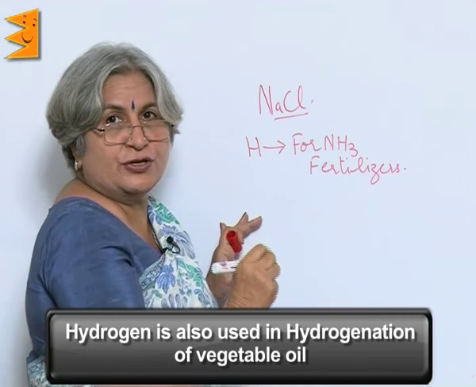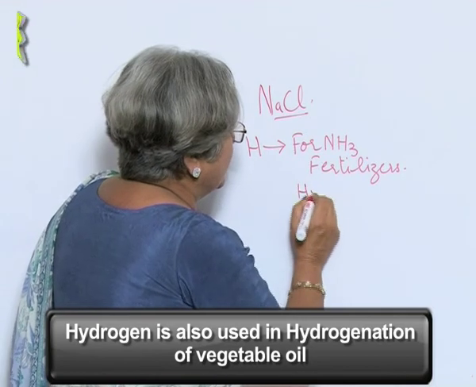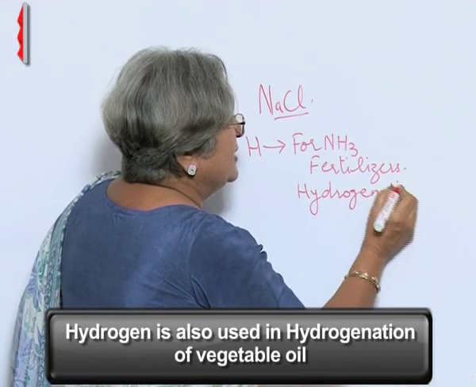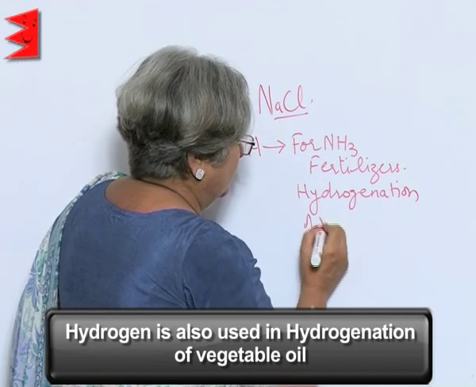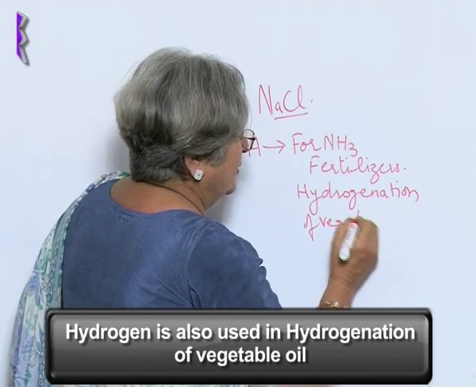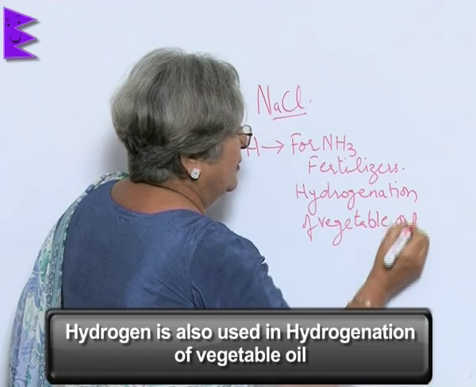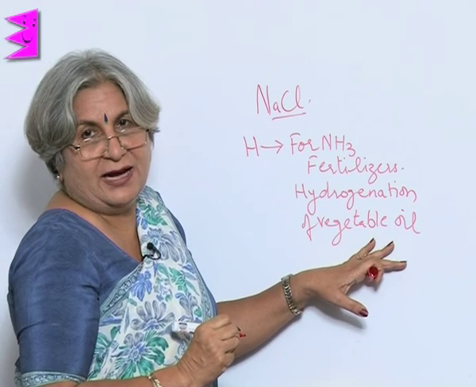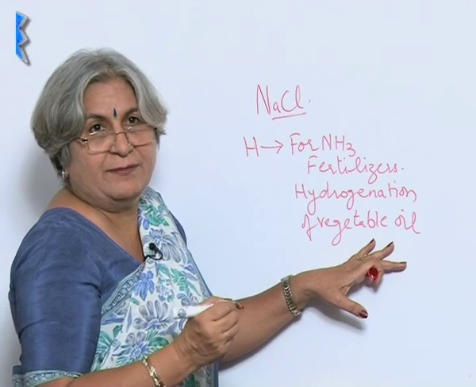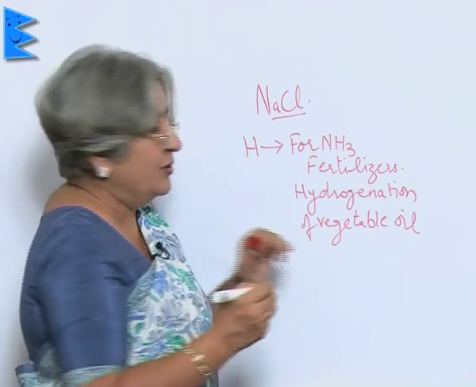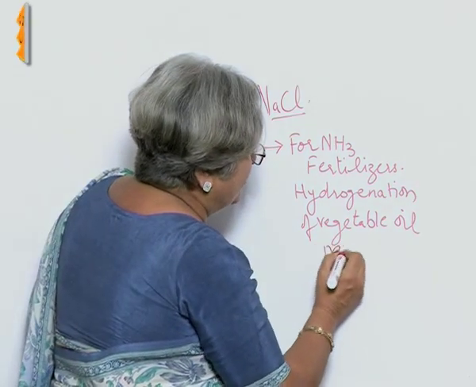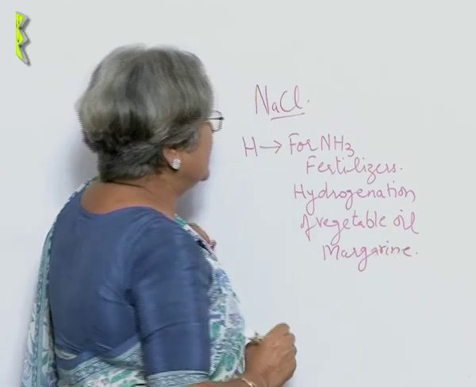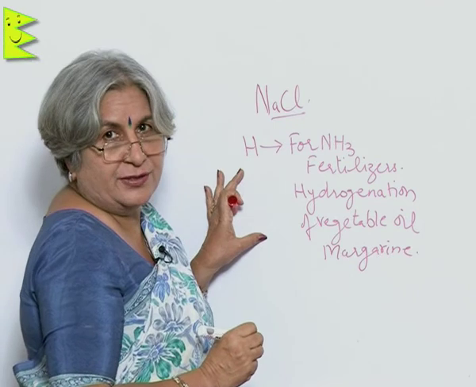Hydrogen is also used for hydrogenation of vegetable oil. You see, the vegetable oils have unsaturated fats. To saturate them, we use hydrogen. So, we can say it is used in margarine. These are the uses of hydrogen.